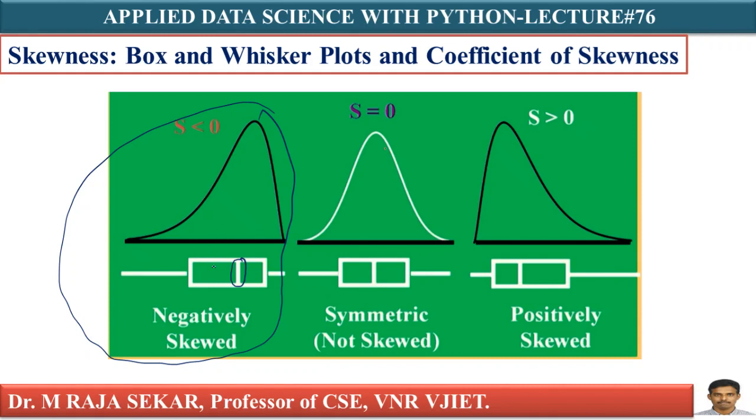For a negatively skewed distribution, you find more region on the left side of the median compared to its right side. On the right side you have less region, but on the left side you have more region. The median, the center one, is on the right side of the middle position. Then I can say that it is negatively skewed.